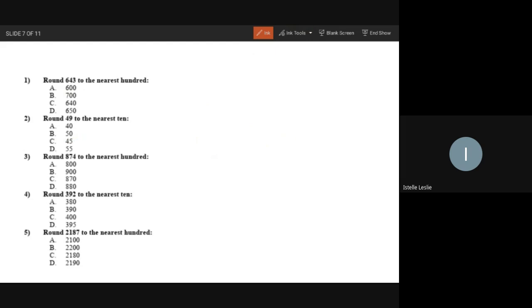So the third one, we are to round that to the nearest 100. So same thing, we locate the digit in the 100 position. The digit in the 100 position here is 8. We look at the number to the right. Is it 5 or above? Yes, it is even more than 5.